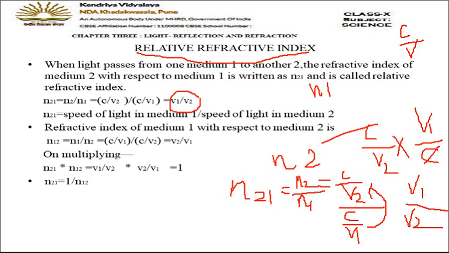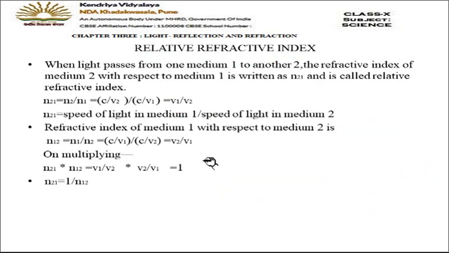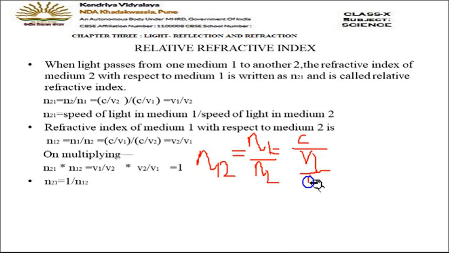And if we are finding the refractive index of medium 1 with respect to medium 2, then we'll write it like this: it will be equal to n1 upon n2. The one whose index we are finding is taken up first. Putting the values, this will be c upon v1 and this will be c upon v2.